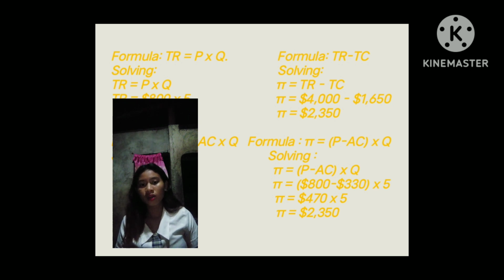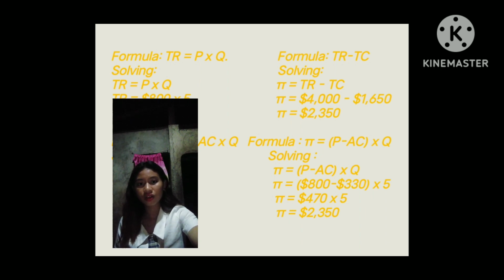And you might be looking at the total revenue and the total cost and saying, can't I just take the difference? Because profit is simply equal to total revenue minus total cost, which once you've solved for both of them is 4,000 minus 1,650, which as you can see on the screen is still $2,350.